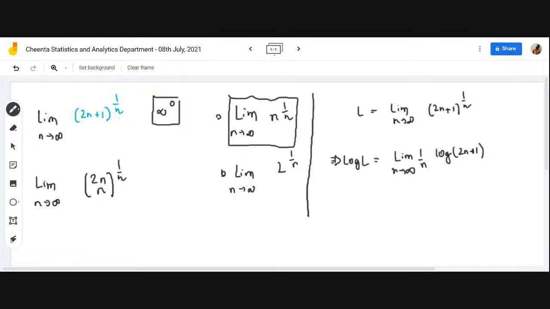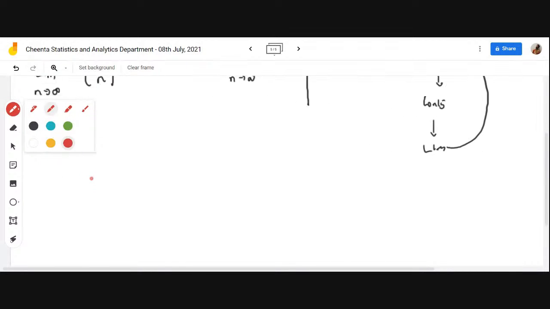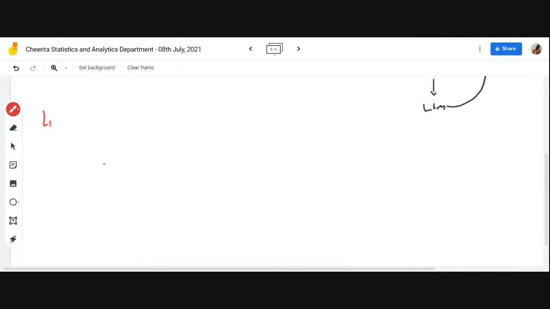So how do you prove it? You can use L'Hopital: first extend it to the continuous case, use L'Hopital, and then come back, because every subsequence will have a unique limit. I will just give you small hints. Limit n tends to infinity of n to the power 1 by n is 1. So you can use this idea over here.